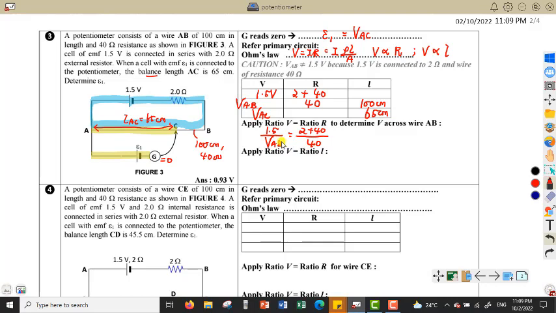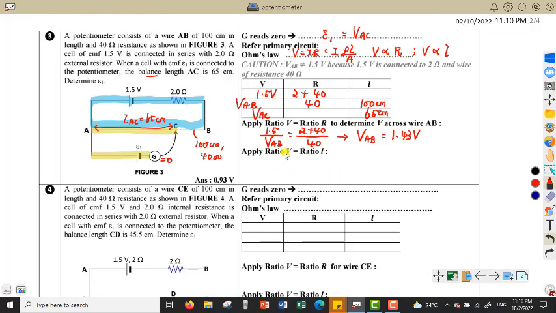Because for the whole wire, the resistance is 40. For the voltage, 1.5 is connected to the 2 ohm resistor and the wire of 40 ohm. Okay, so when we do the calculation correctly, we will get the VAB for the whole wire will be 1.43 volt.